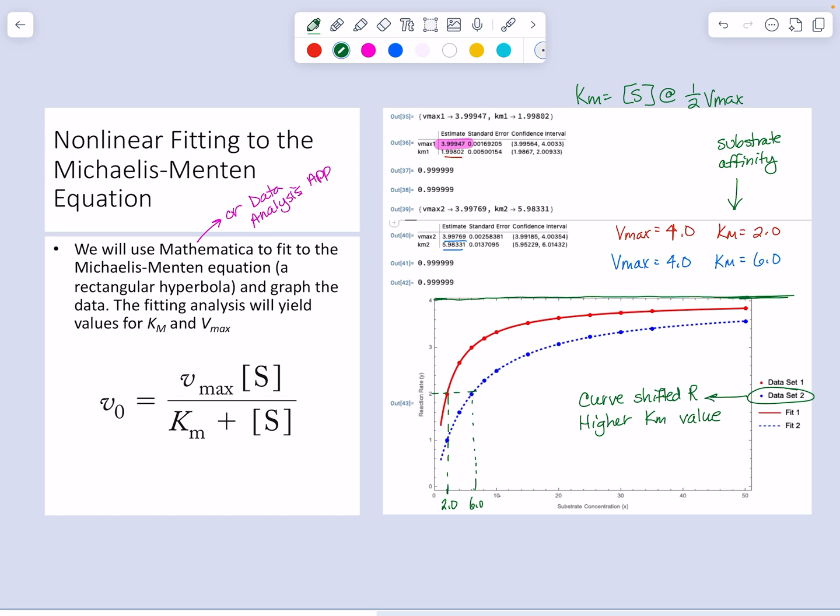And so what that means is we have a lower substrate affinity. So this is going to follow the same right shift, left shift. If it shifts to the left, we're going to say we have a higher affinity. If our Km value is lower, we have a higher affinity. Okay, so that's what things look like in a Michaelis-Menten plot.